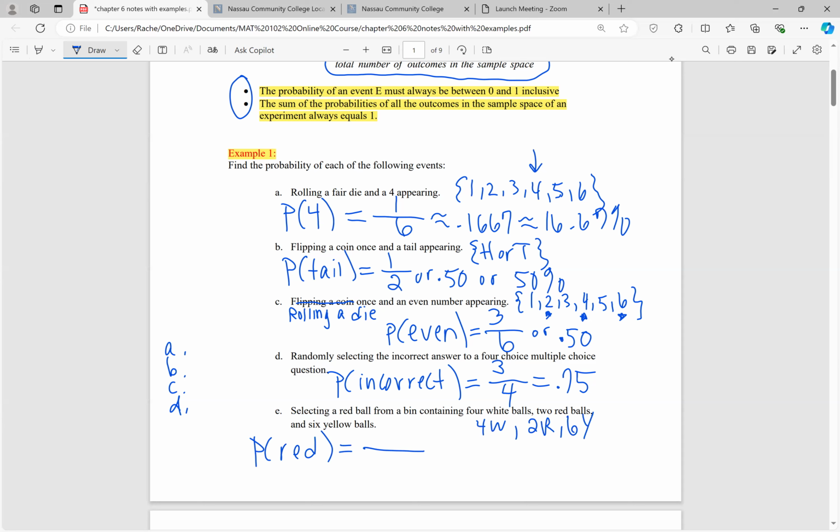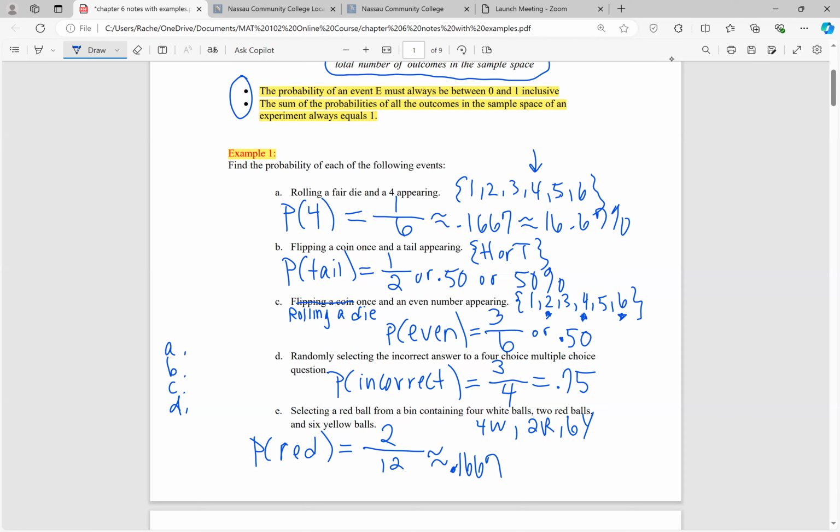All together there's 12. 4 plus 2 plus 6. So there's 12 possibilities in my sample space. Now, how many of them satisfy being red, right? How many have that characteristic? There's 2 red, right? So it's going to be 2 out of 12 or 1/6, right? If we were to reduce that and write that in decimal form, it's going to be about 0.1667.